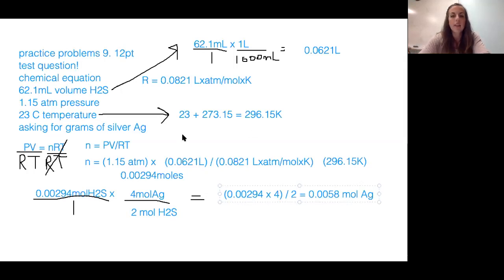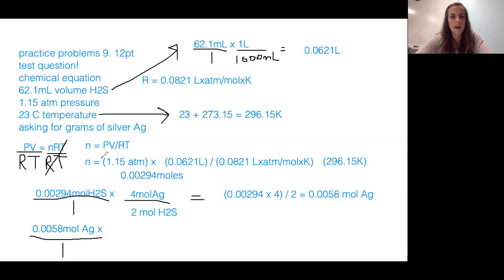Okay, and now that I have moles of silver, they're asking me for grams, I can easily convert from moles to grams. So we're gonna do that last. So here's my given value, which is 0.0058 moles of Ag. Okay, that's going to go over 1.